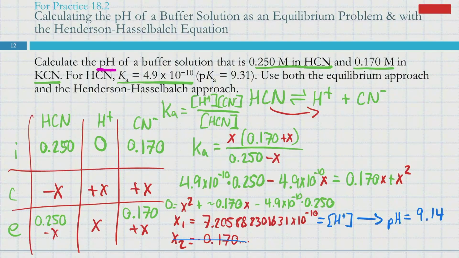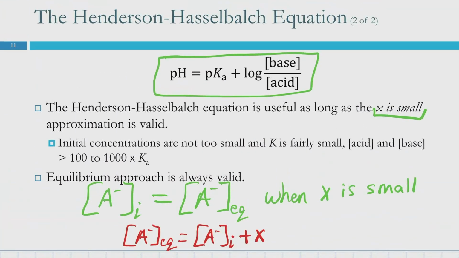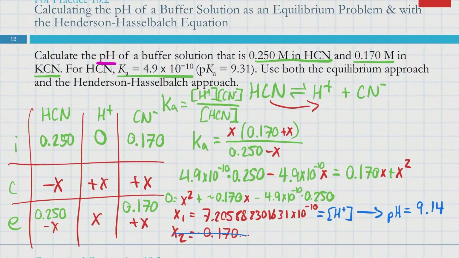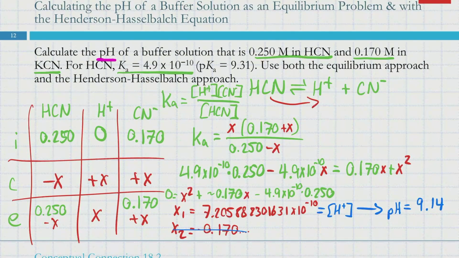And then we have our Henderson-Hasselbalch approach. So pH is pKa plus log of the concentration of the base over concentration of the acid. We'll do that in purple. Those are our initial concentrations that we put in.